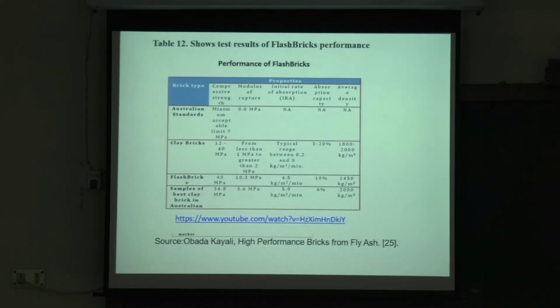And the sample of best clay bricks in Australia has 34.5. So clay bricks can give you much higher strength. The other modulus of rupture, fly ash bricks is about 10.3, which is better than the sample of clay bricks. So these are the other things.